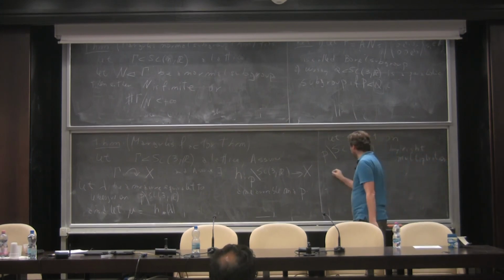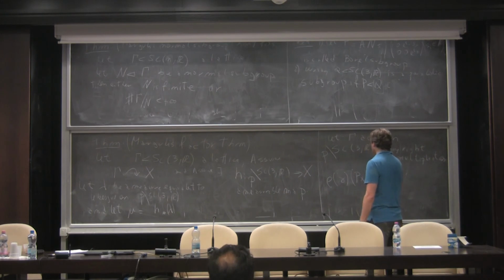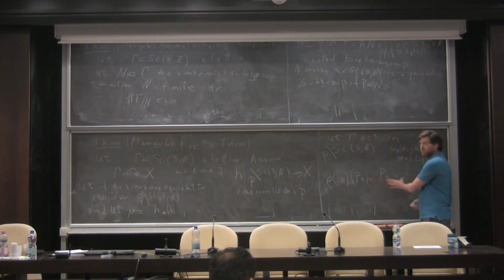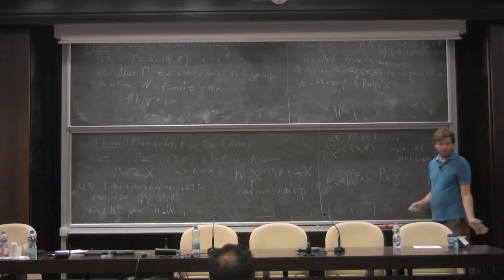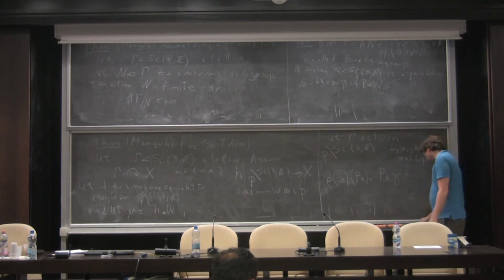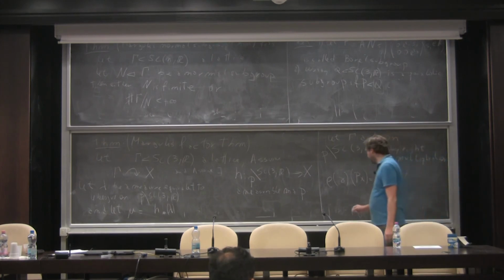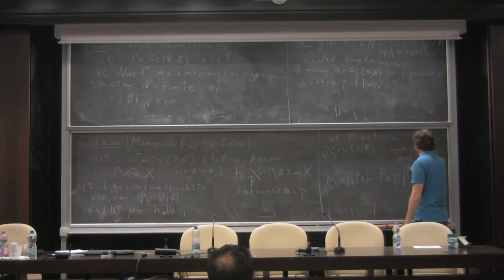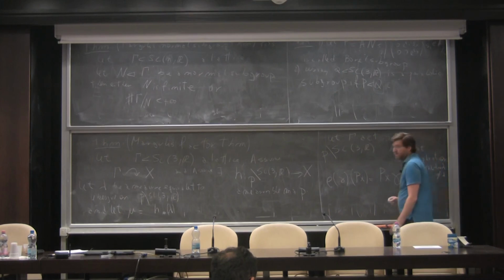I just call it rho: rho of gamma at P times the matrix X is P X gamma. So X is a matrix here, it's a natural action. And as an observation, rho gamma star lambda is equivalent to lambda but different from lambda.